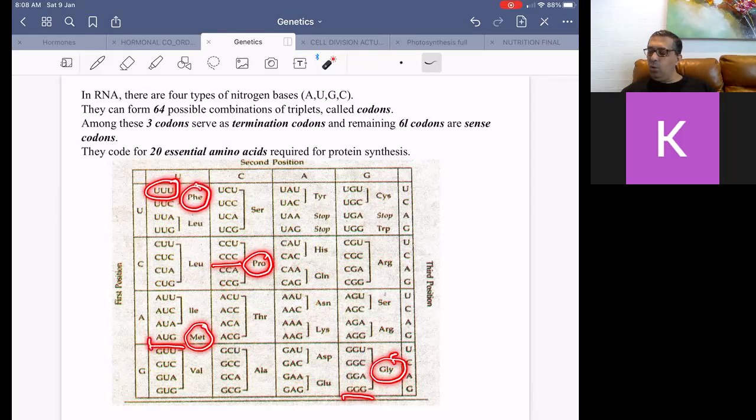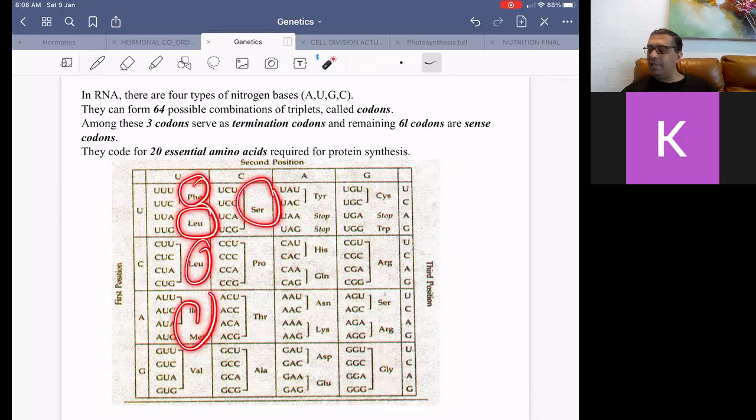So, what does AUG code for? Methionine. And then you have CCG codes for proline, GGG codes for glycine, UUU codes for phenylalanine. That means for a total of 20 amino acids you have different types of codons.